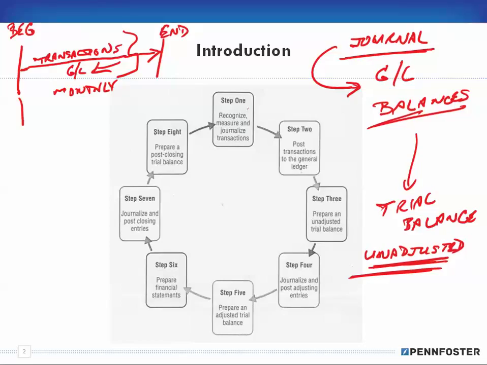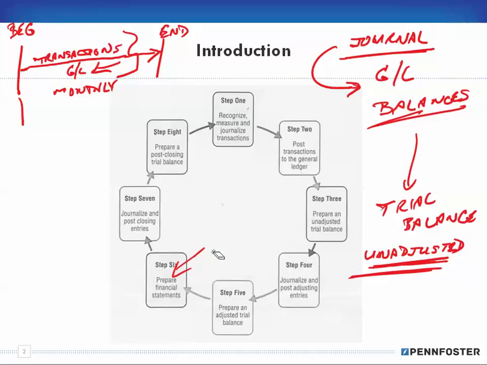Real quick though, we're going to make journal entries, post the transactions to the ledger accounts, create an unadjusted trial balance. That was all covered in Chapter 2, and in doing that work, from the trial balance, we actually created financial statements. Well, that's not where we do that.